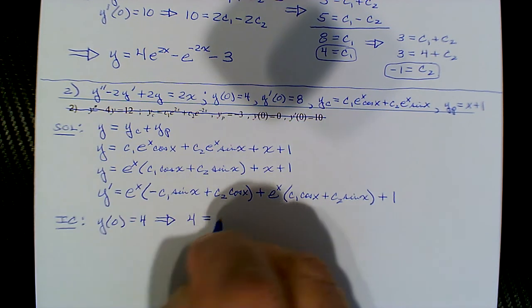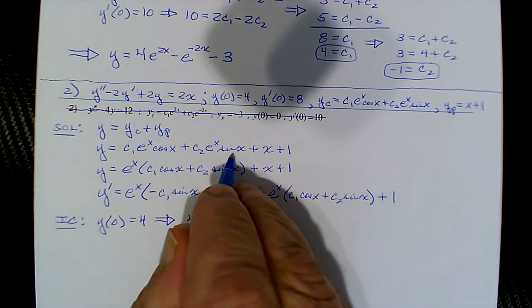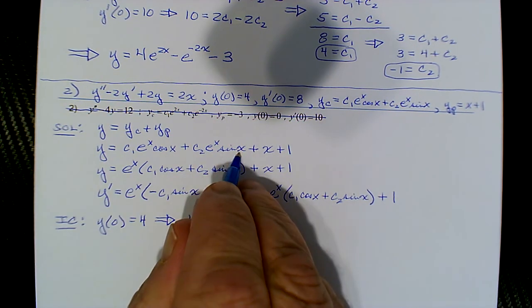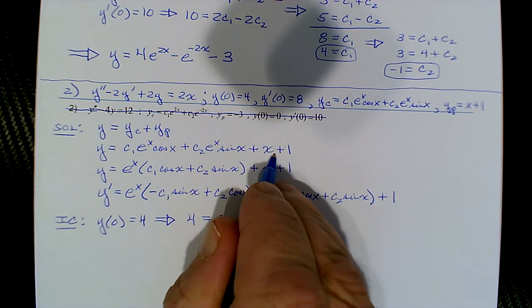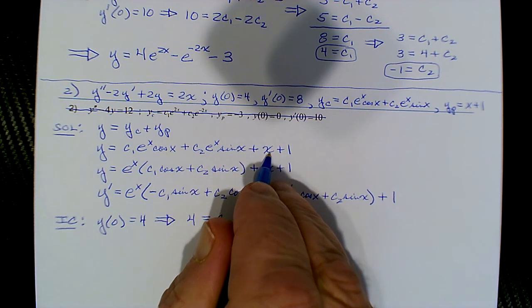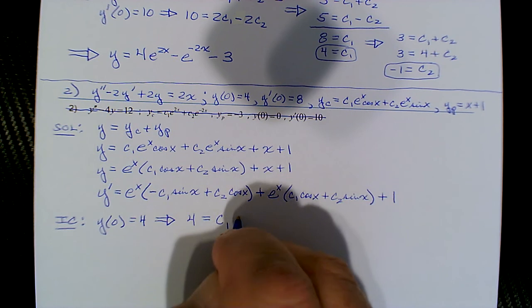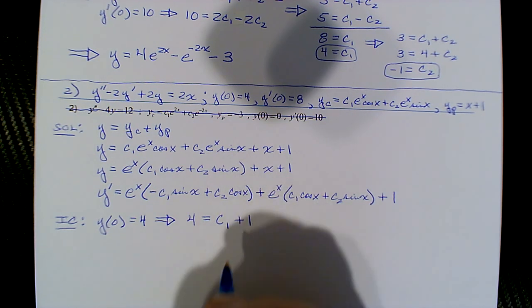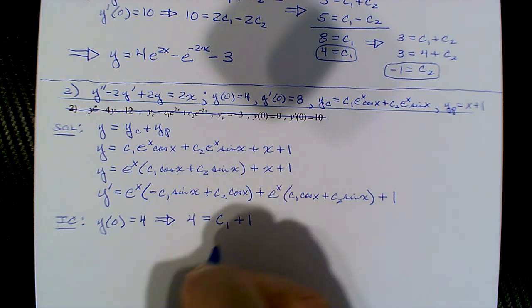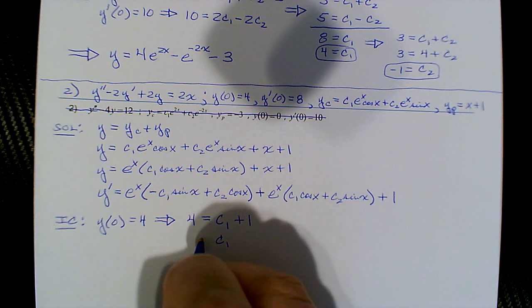But sine of 0 is 0, so the term containing c2 goes away. And then we have plus x is 0, so that's gone. But don't forget that plus 1. This one unfolded rather neatly, because now immediately we see that c1 is 3.